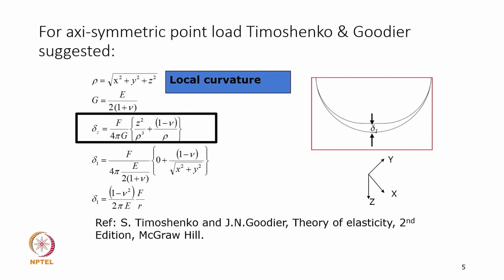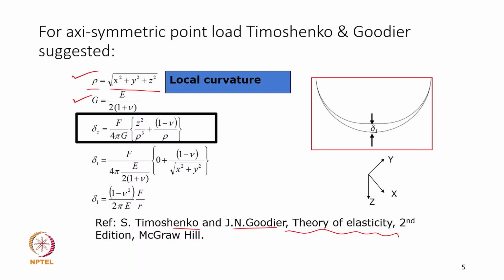Now we bring in some elasticity equations. That's why there is the book Theory of Elasticity, and everybody must have studied the Timoshenko book. We say that a local curvature can be given by the square root of 3 coordinates.